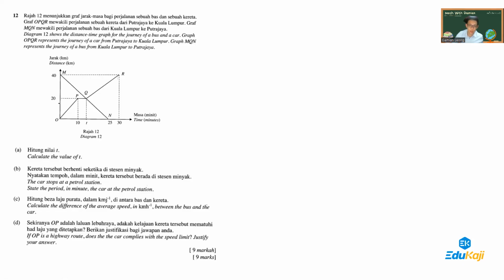Means if I take the ratio of base and height, it should be the same. So 25 minus t over the height 20 is equal to here 25 over this height 40.